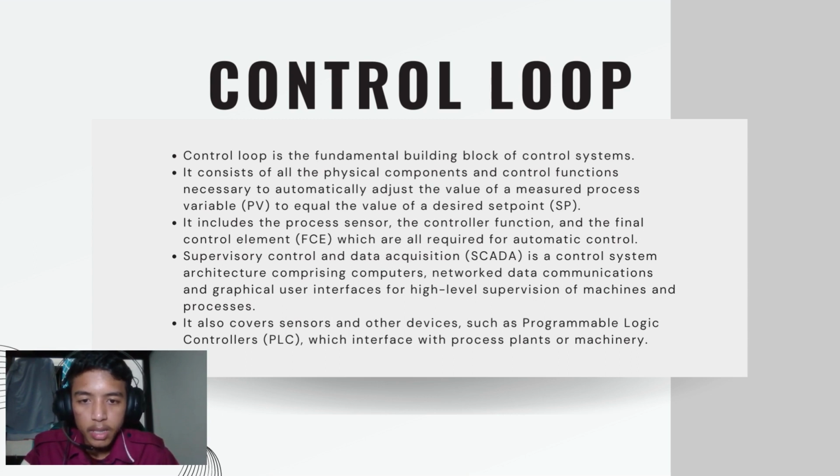Supervisory control and data acquisition (SCADA) is a control system architecture comprising computers, network data communications, and a graphical user interface for high-level supervision of machines and processes. It also covers sensors and other devices such as programmable logic controllers (PLC) which interface with process plants or machinery.